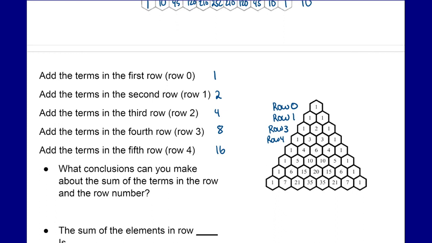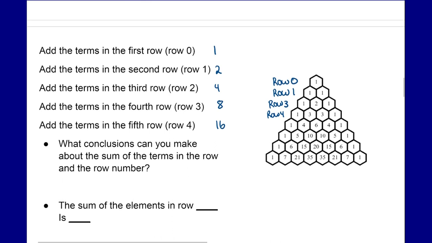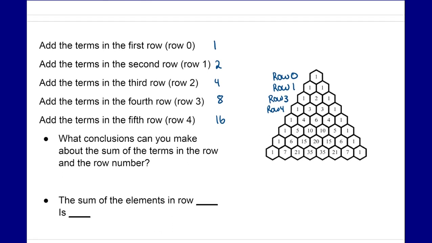What conclusions can you make about the sum of the terms in the row and the row number? If we look at the sums, is there a pattern that we see? You could look at the next one, row 6, and take a guess at what the sum might be. Same with row 7. You might find that row 0 is 1. That's 2 to the power of 0. The next row, 2 to the power of 1, which is 2.